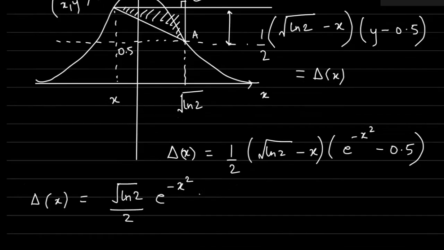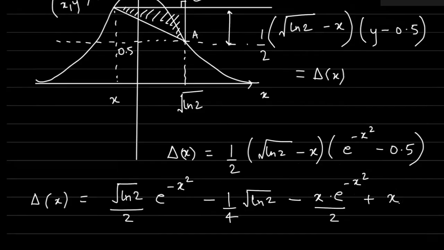Then the second term, minus 1 by 4 into root of ln2. The third term will be minus x into e to the power minus x square by 2. Fourth term will be plus x by 4.